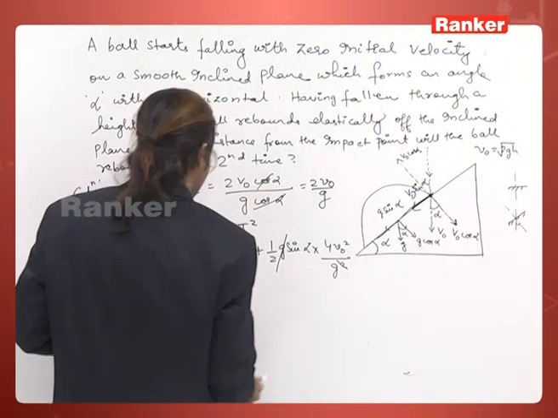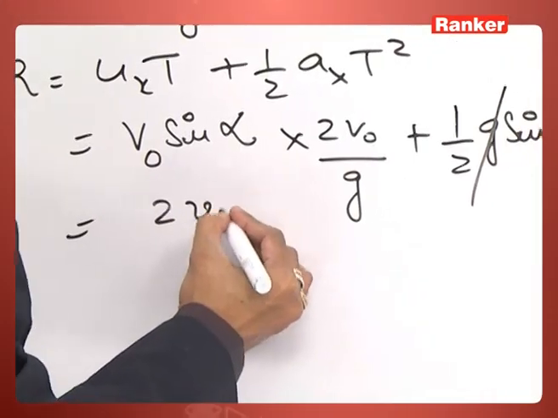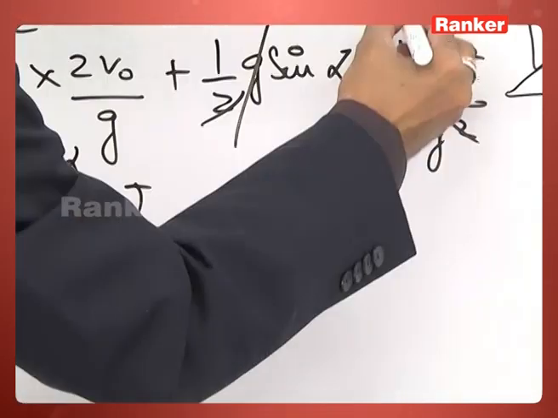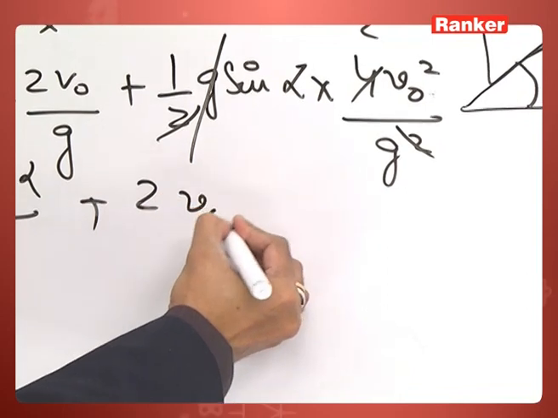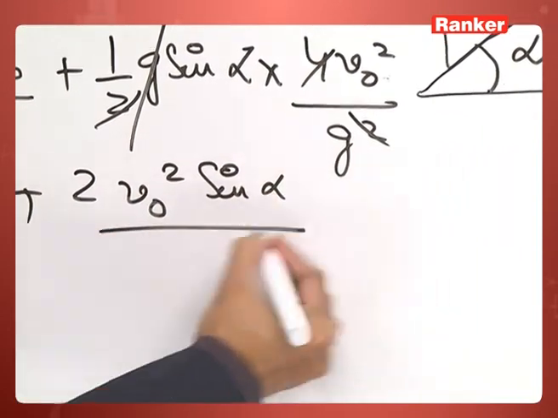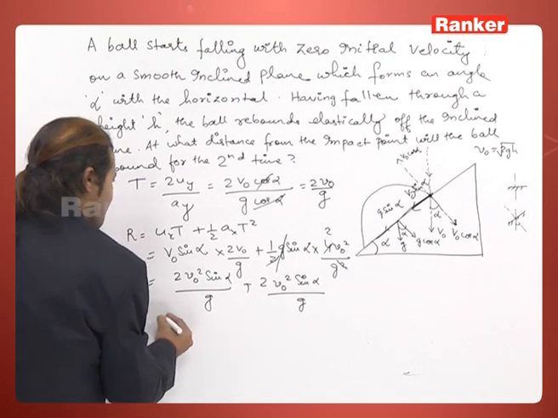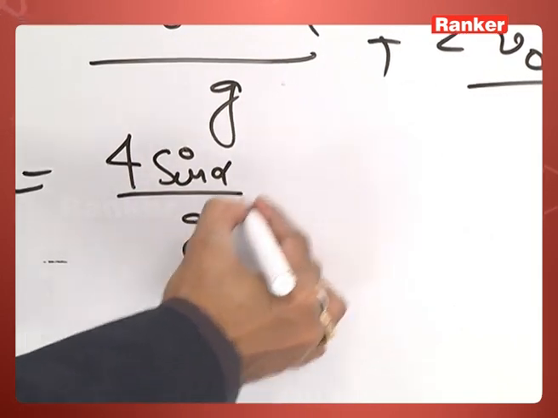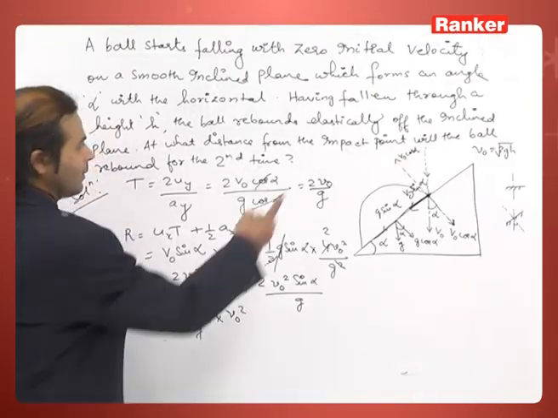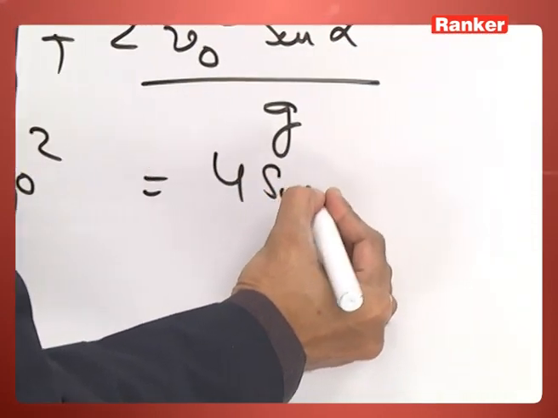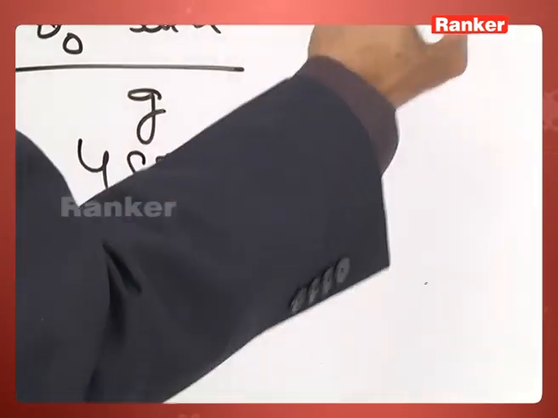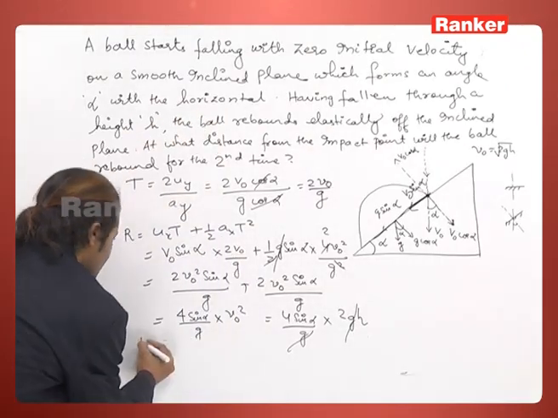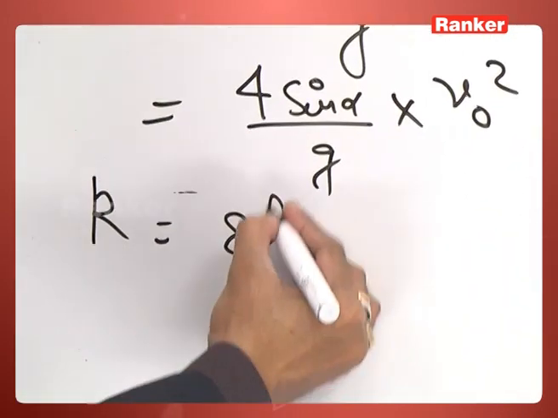So one g cancels out. So this is 2v naught square sine alpha by g plus this becomes 2v naught square sine alpha by g. So this is 4 sine alpha by g into v naught square. V naught square I can write as 2gh. So g cancels. So this R becomes 8h sine alpha.